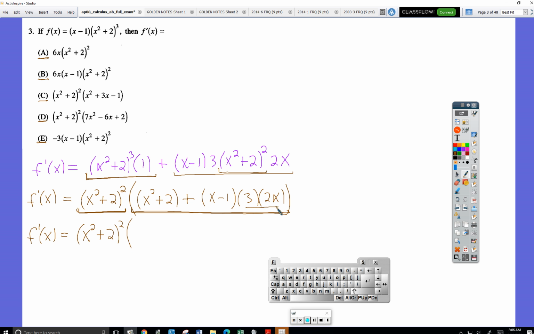So this is 6x. When that distributes, there's nothing operating on these parentheses, so I don't need those parentheses. 6x distributes, I'll get 6x squared, subtract 6x, putting everything together here, you end up with this answer.